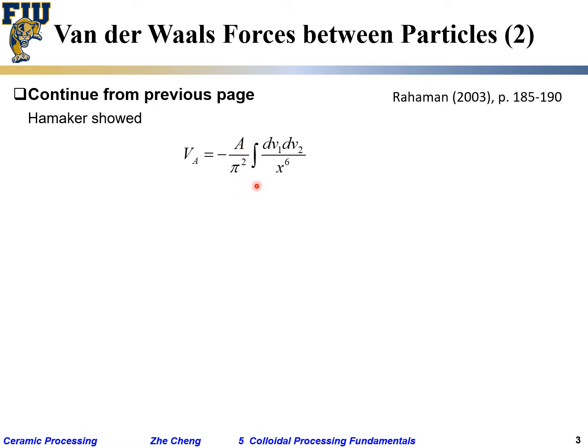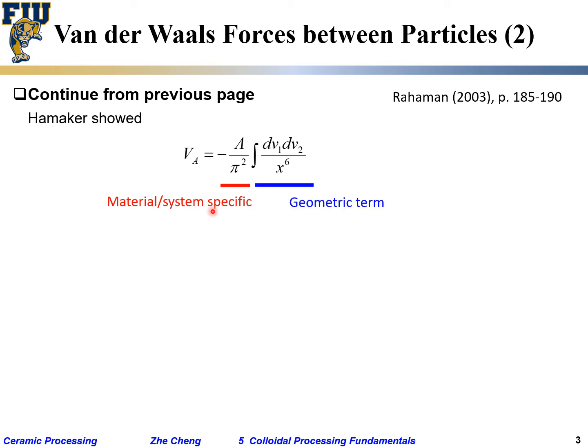A constant over pi to the power of 6, integration of the volume 1, volume 2 over the distance to the power of 6. And the first term before the integration is so-called material or system specific, depending on what material we have, polar, non-polar, whatever.